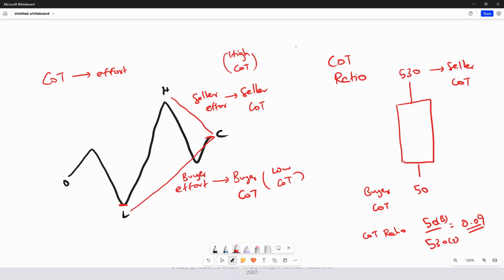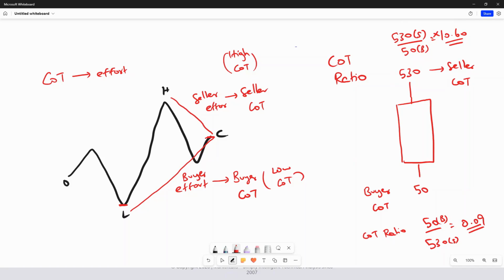Whereas at the top, I will get a COT ratio which is the seller COT divided by the buyer COT, 530 divided by 50, which comes to 10.60. What it means is that the buyer effort is very small and the seller effort is 10 times more than the buyer COT.